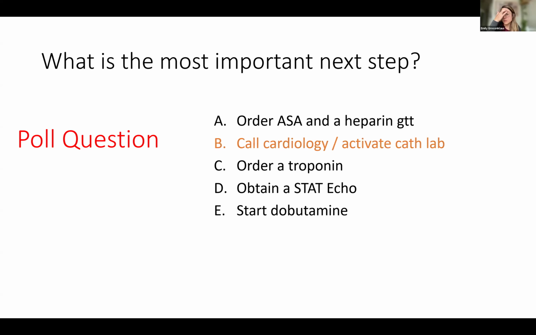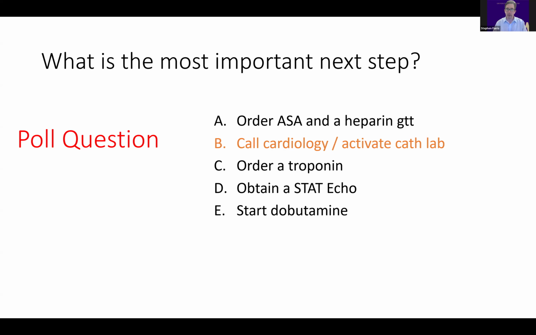Great. We have a question. If this were a boards question, which one should we do? Well, I don't think this would be a boards question because there's more than one right answer. If you take out B, then the answer is A. Because I don't care what a troponin's going to tell me, because if I have an acute coronary syndrome right now, it's not going to be positive for a while longer.